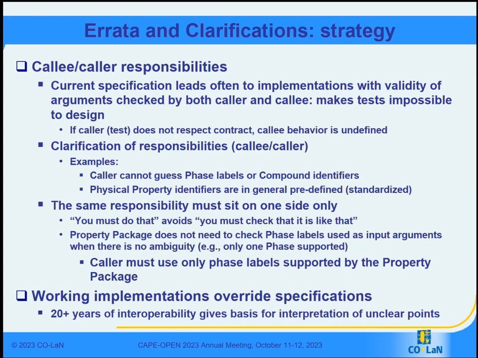After all, both PME and PMP, in this case the property package, can perform their own validity check just to ensure that the request for thermodynamic property is valid. But this is a crucial issue for testing because the behavior is not clearly defined in that case, and so we had to fix that issue.